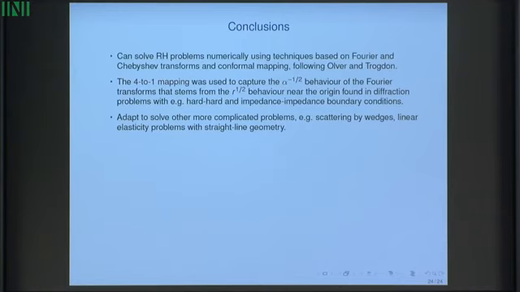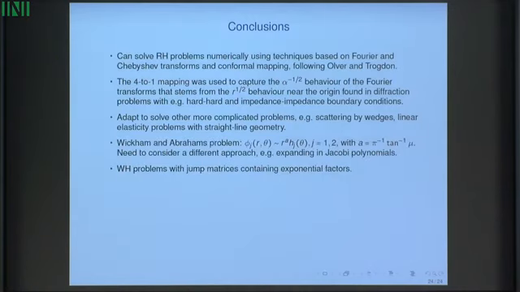Some future things we can do are to adapt the method to solve problems in more complicated geometries, for example scattering by wedges, elasticity problems, and also the Wickham's and Abrahams' problem, where near the origin we have more complicated behavior, and as I mentioned alpha in that case is given by that. In this case maybe we can consider expanding in terms of Jacobi polynomials. Also, something that Anastasia mentioned is to extend to Wiener-Hopf problems with matrices having exponential factors.